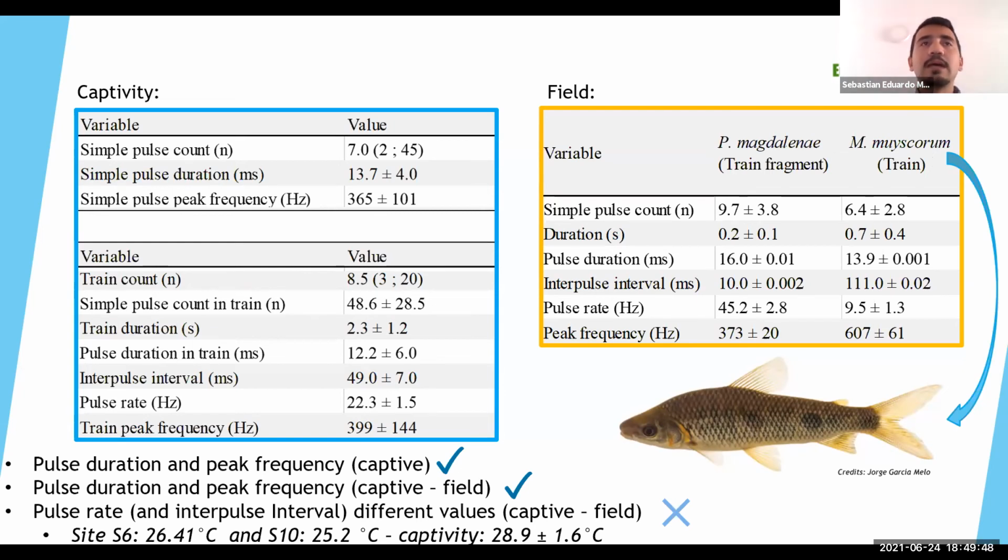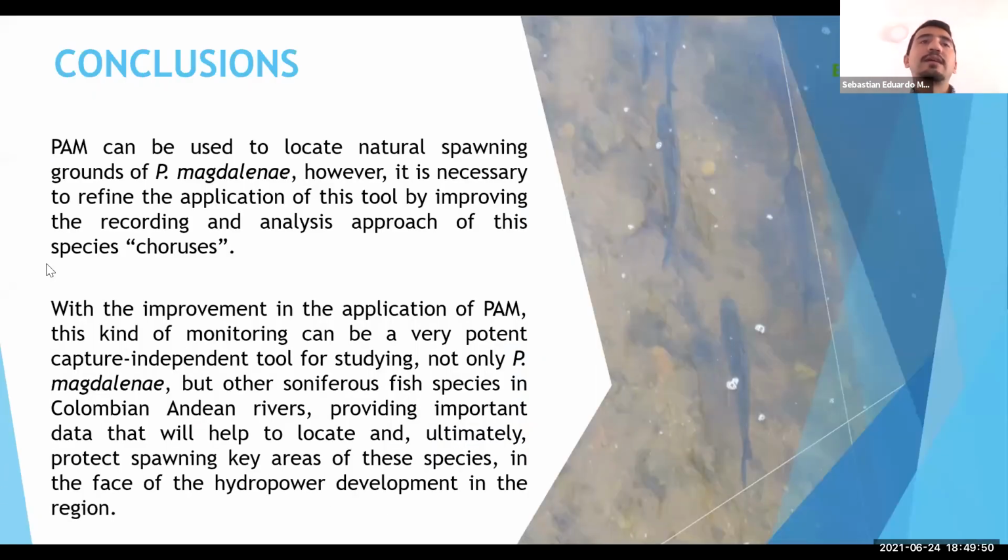So, in conclusion, we can say that PAM or passive acoustic monitoring can be used to locate natural spawning grounds of this species. However, it is necessary to refine the application of this tool by improving the recording and analysis approach of these species choruses, because it was difficult for us.